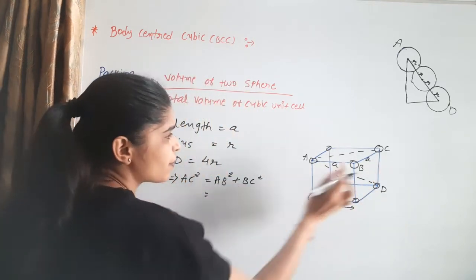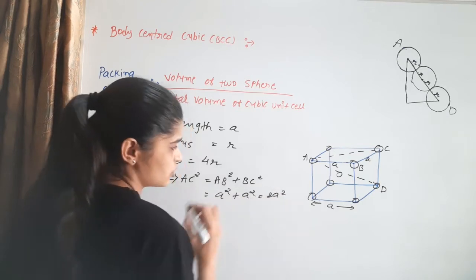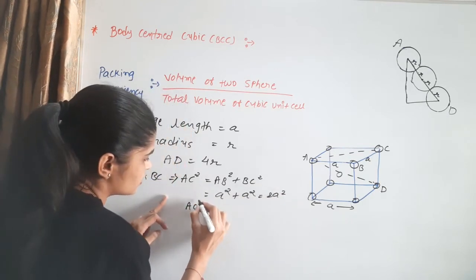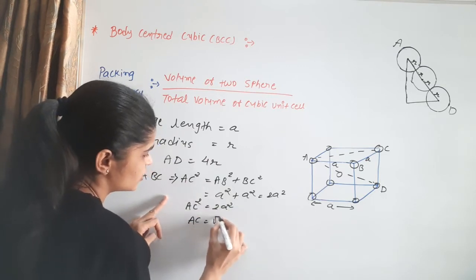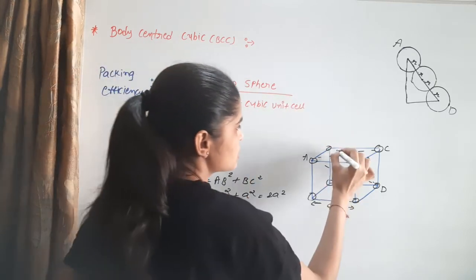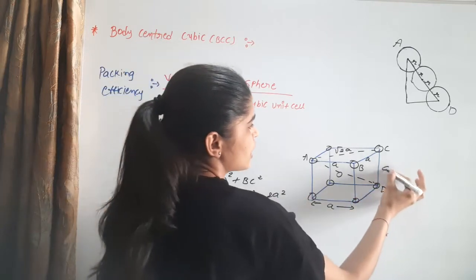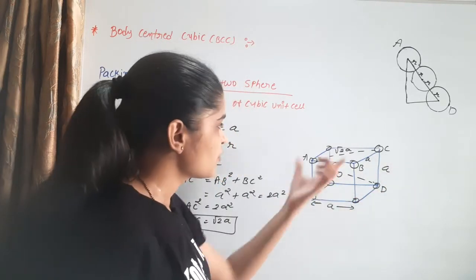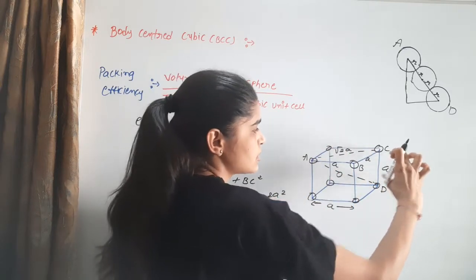So AB² plus BC², a² plus a² is equal to 2a². AC² is equal to 2a², so AC is equal to √2 a. That distance is √2 a. CD is also edge length a.